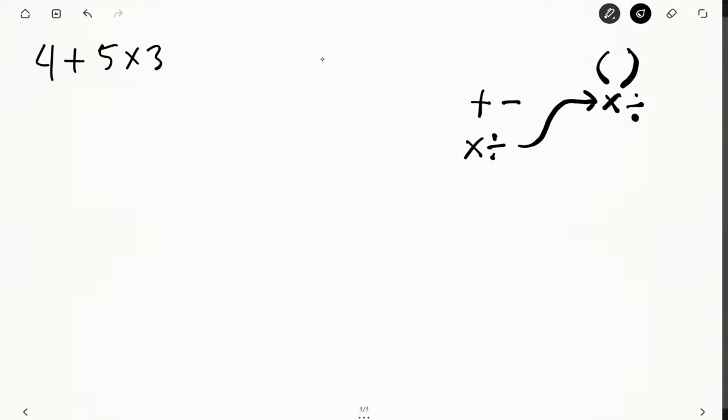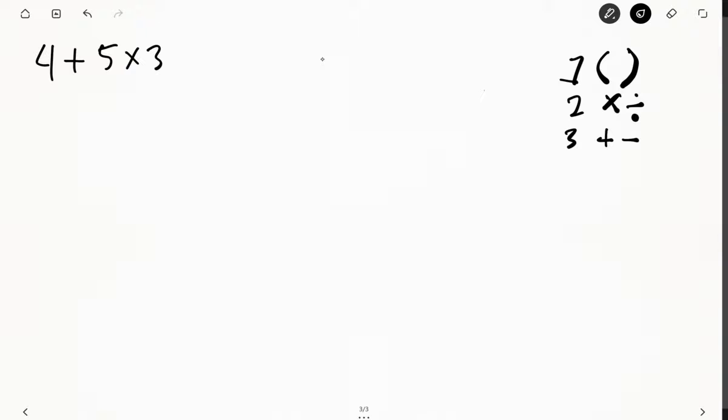And then that leaves plus and minus. And that goes last. So what that means is, if you've got parentheses, deal with those first. Multiplication and division, second. Addition and subtraction, third.